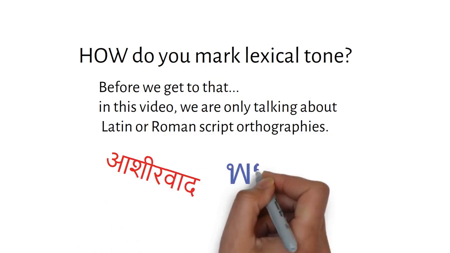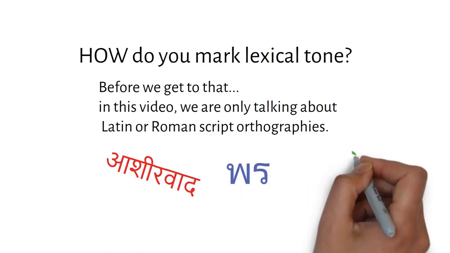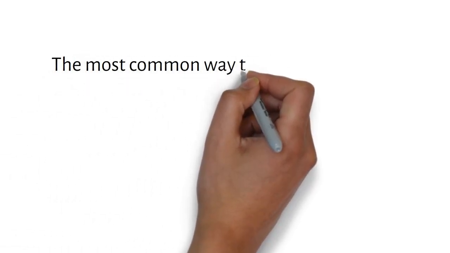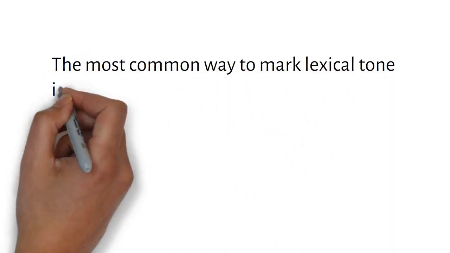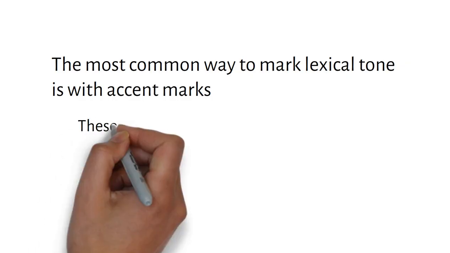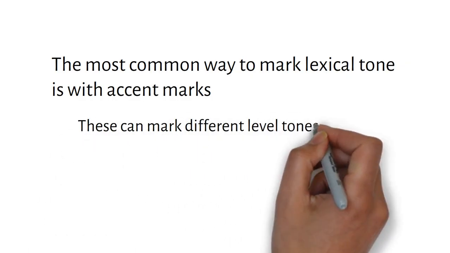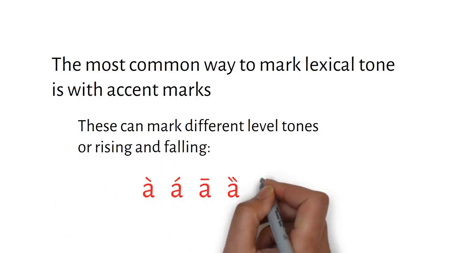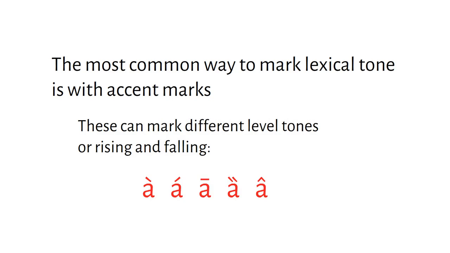Non-Roman scripts, like Devanagari or others in Asia, or Arabic, have their own ways of marking tone. We will not talk about those other scripts here. The most common way to mark lexical tone is with accent marks. We have seen these a little already. These can mark level tones or rising and falling tones, as in these examples.